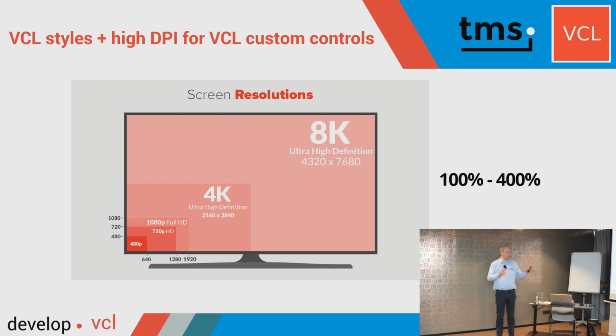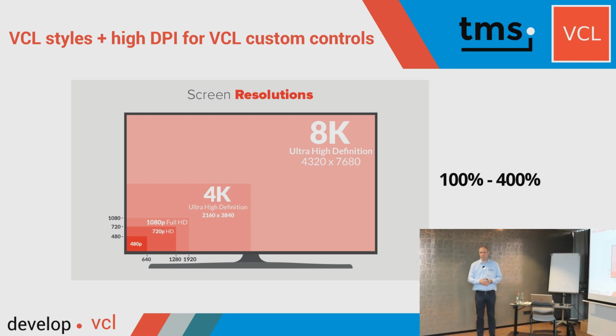And now this is, I think, about the range of high DPI situations that we can have on a Windows machine. So ranging from the very old screens, 640 by 480, I think no one is using that anymore, but then we got 4K, and nowadays there are even 8K screens.